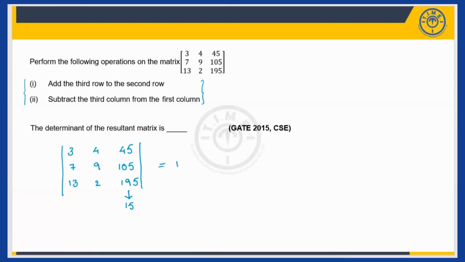So if I'm taking 15 common from the third column, that is 3, 7, 13, 4, 9, 2, 3, and 15 if it goes out from 105, that is 7 and 13. So the two columns are identical, then the det value is 0. Right.